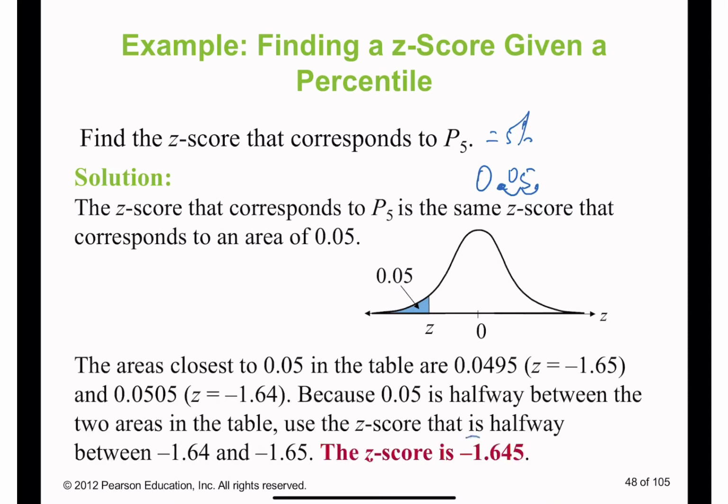Negative 1.645 looks like 0.05 precisely, it's not there. Oh yeah, indeed it says here, you will find it between 0.0495 and 0.0505. You know how I figured that out? Because this z-score consists of 2 decimals, and here we have a third one, that means it's somewhere in the middle. So if the z-score is negative 1.65 and negative 1.64, it's going to be right in the middle, negative 1.645.